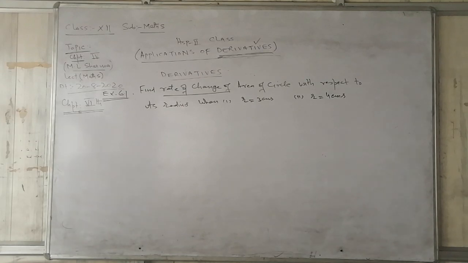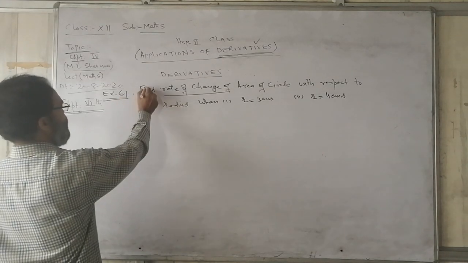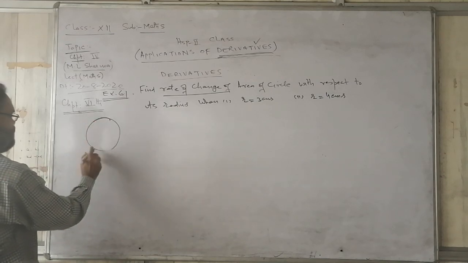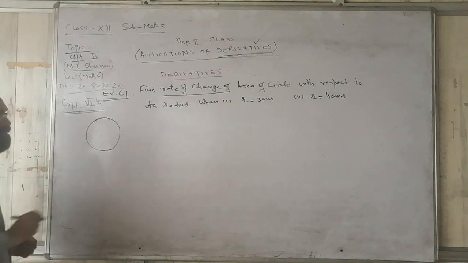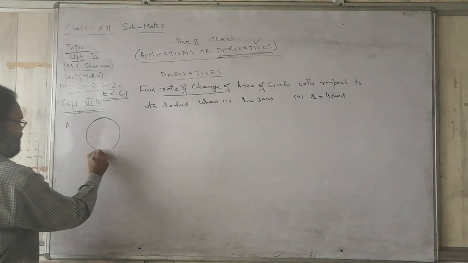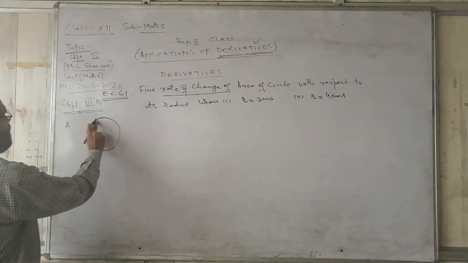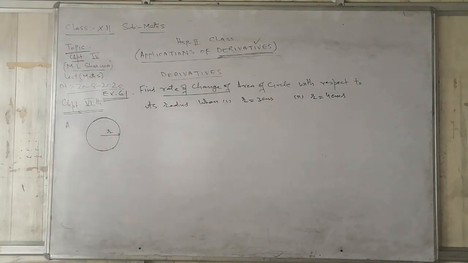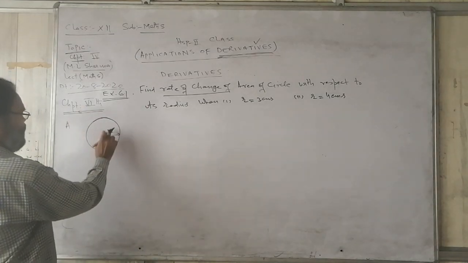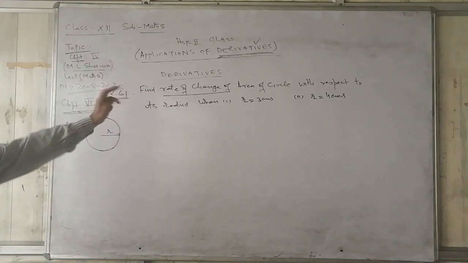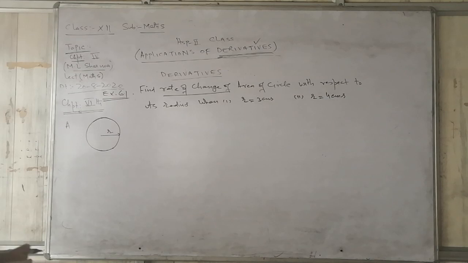So this is a very simple question. First question, now if I have a circle, the area of this circle is A. Now its area is dependent on its radius. If radius of circle is increased, automatically area of circle will increase, and if radius is decreased, the area will decrease. Now in this case we have to find rate of change of area with respect to its radius.